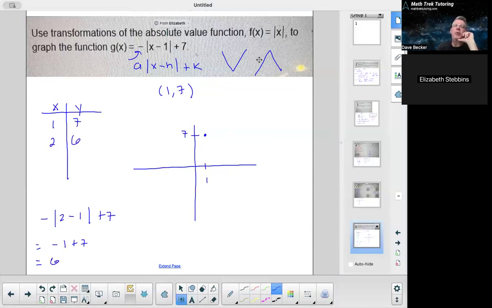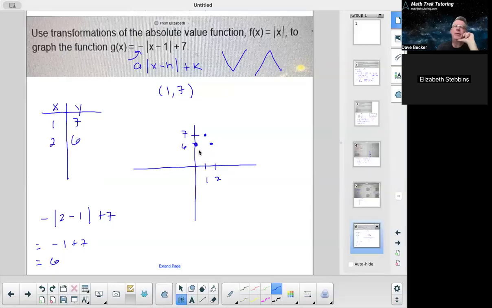And so the absolute value graph is also perfectly symmetrical. It's a legit V, right? So once I have (2, 6), and I know this is the vertex or the point of the graph, then it's exactly the same distance on the other side.